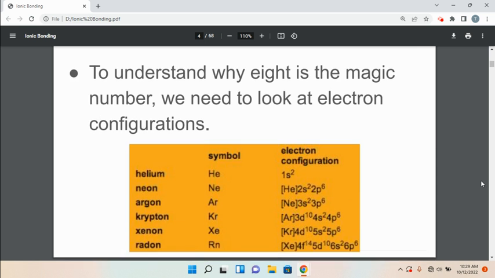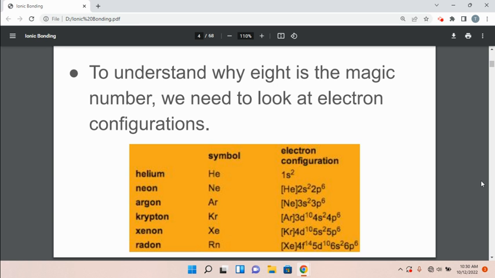To understand why 8 is so important, why 8 is the magic number, we need to look back at electron configurations from our second unit. Electron configurations where we map out the potential location of all the electrons within an atom. What I have here are the electron configurations for all the noble gases.